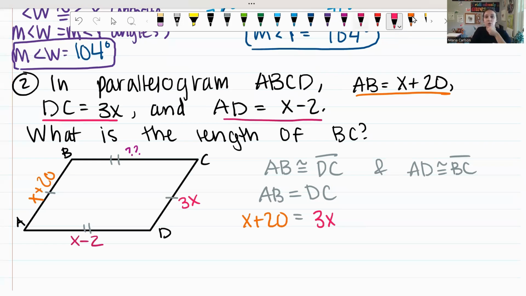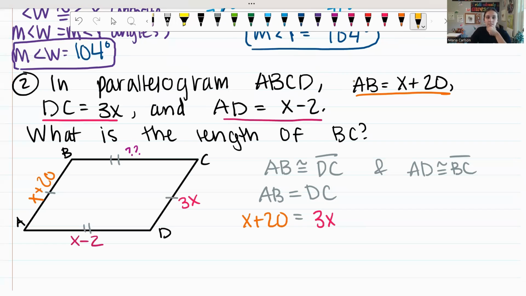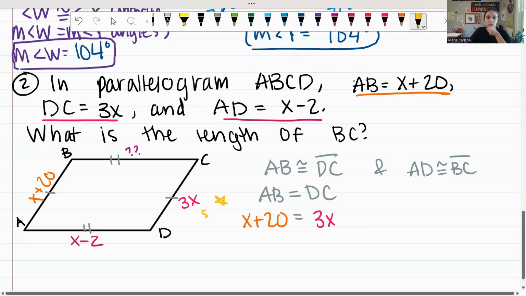So let's now solve for x. First I need to get x on one side. So I'm going to subtract x from the left-hand side, move it over to the right. So that way I'm subtracting 3x minus 1x, which is just 2x.